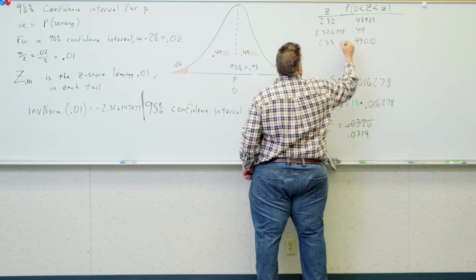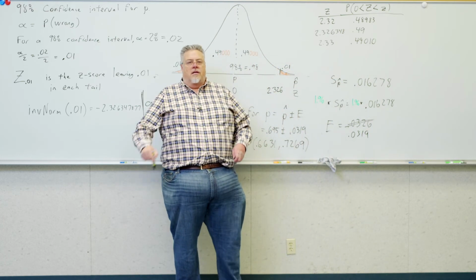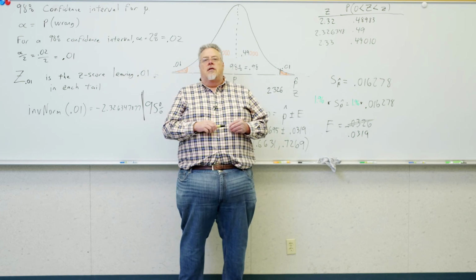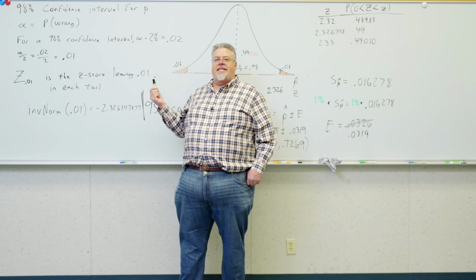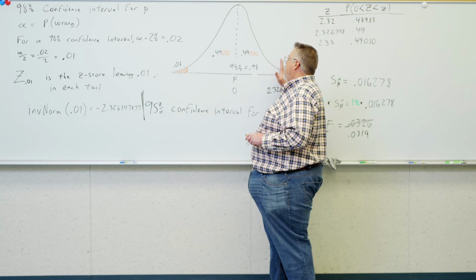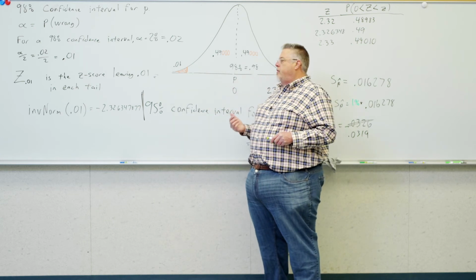And the calculator gets me to a ridiculous number of decimal points. But again, we don't need to go that ridiculous. So you got 3 tools to do this: the z-table, the t-table, or inverse normal. But remember again, for a 98% confidence interval, the area that I'm looking up is 0.99.